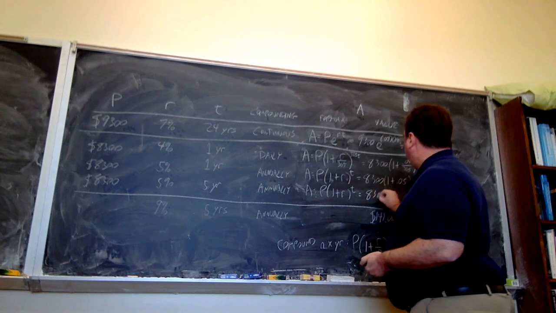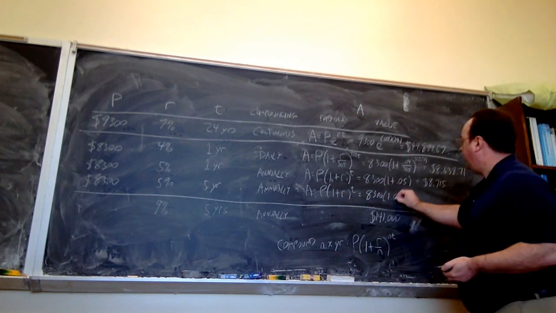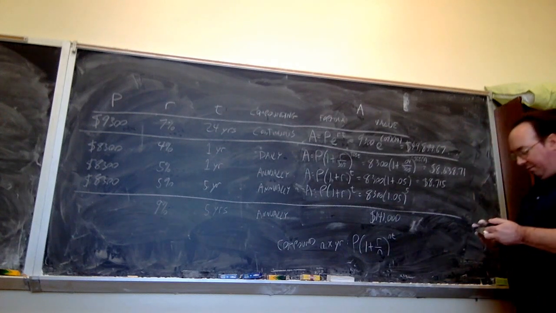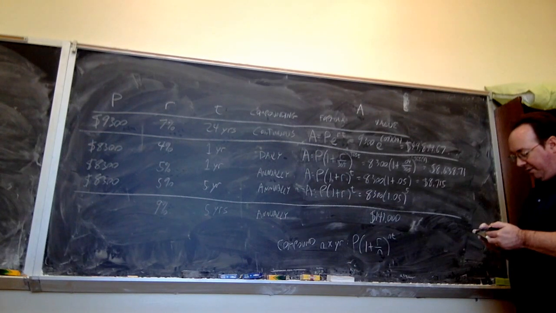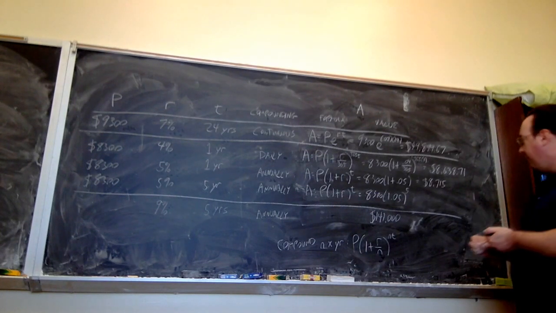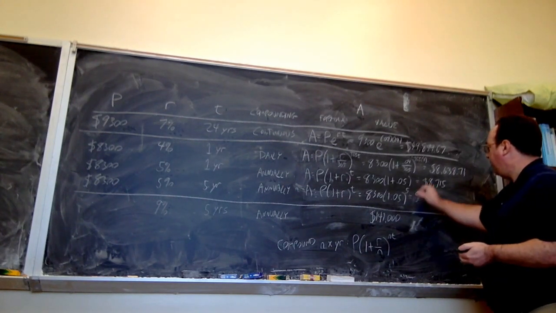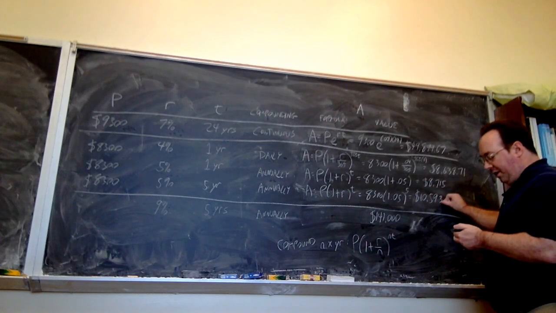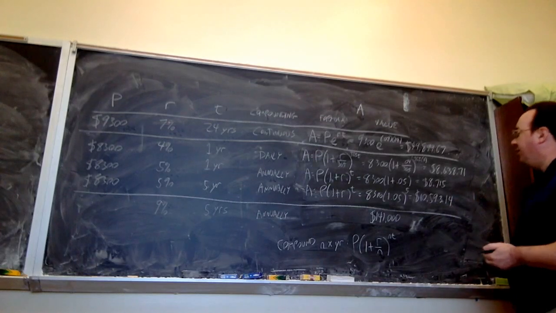So I fill in numbers, 8,300, 1.05 raised to the 5th. Use your x to the y button for this. And then multiply that by 8,300. And you get a gain of a little more than $2,000: $10,593.14, rounding to the nearest cent.